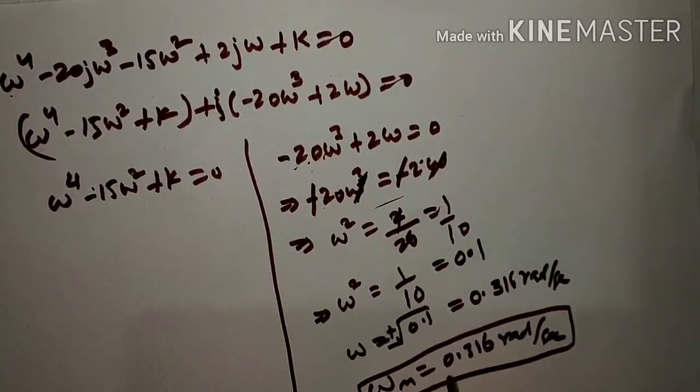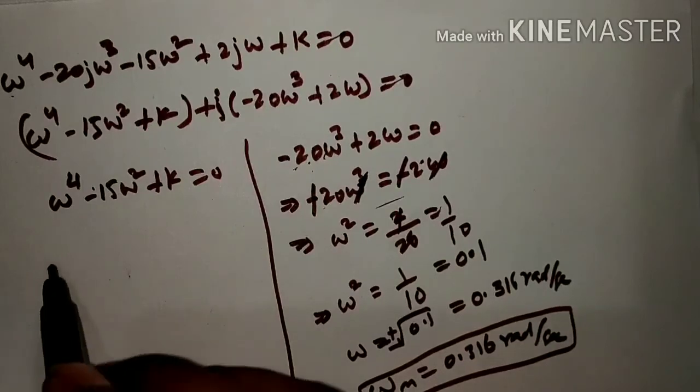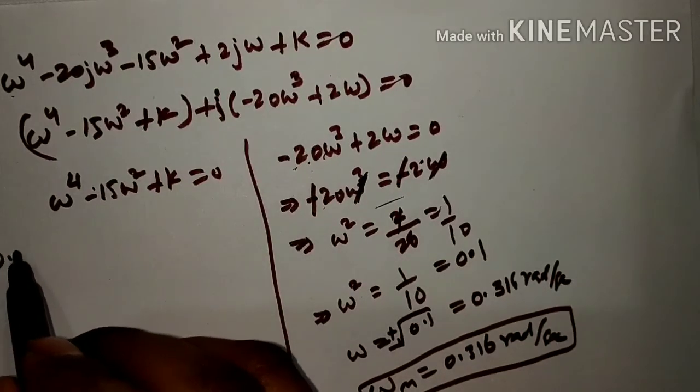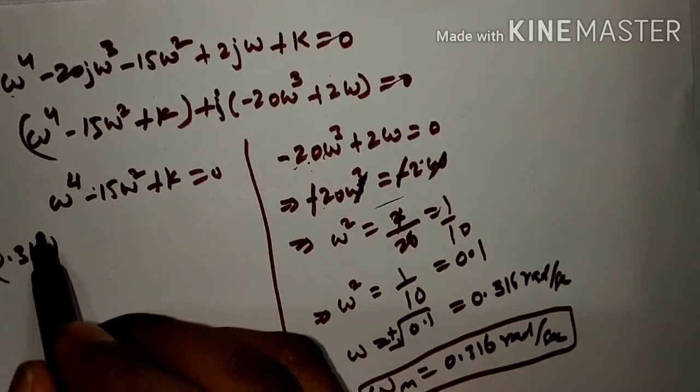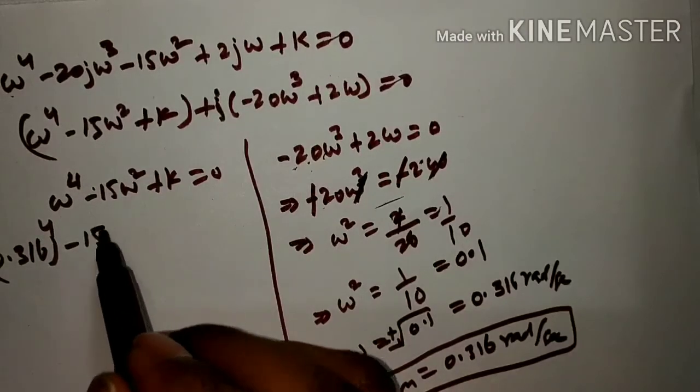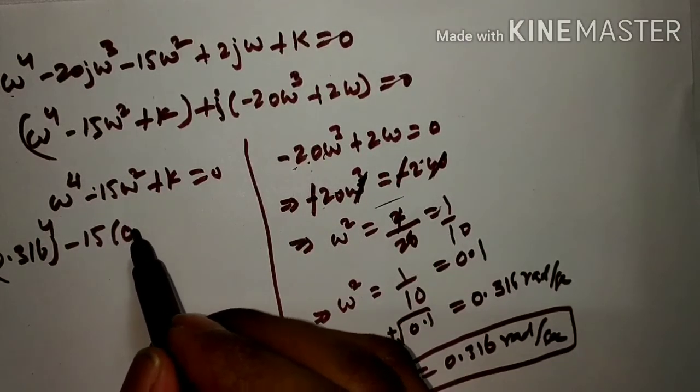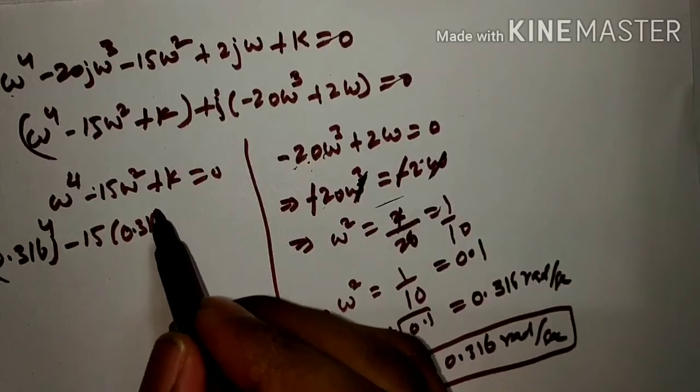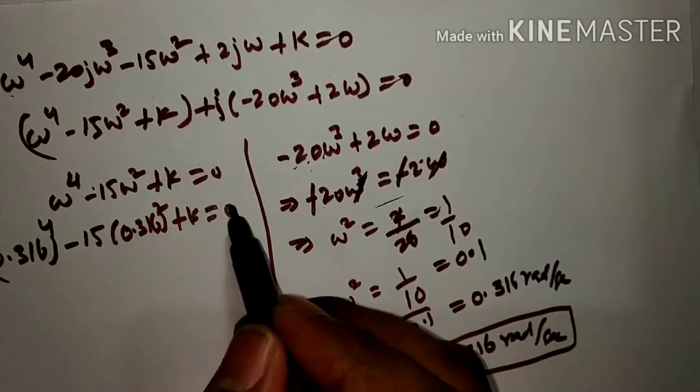Now we have to find the K value. To find K, we substitute into the real part equation: (0.316)^4 minus 15 (0.316)^2 plus K equal to 0.